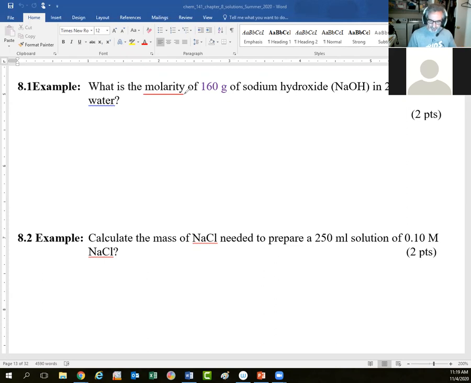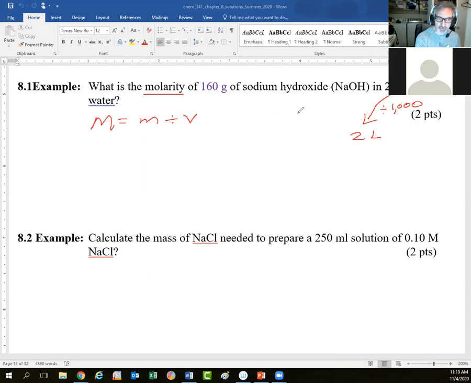Of course, molarity is equal to the moles divided by the volume of the solution in liters. And that volume can be converted into liters by dividing by 1,000. So that's simple enough. That just comes to 2 liters.